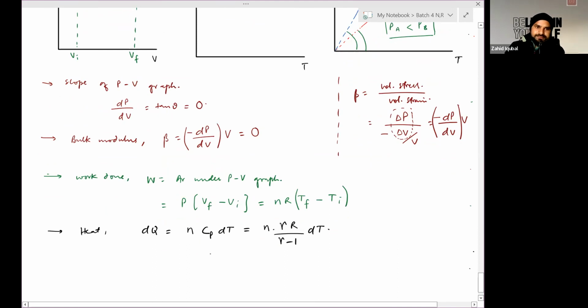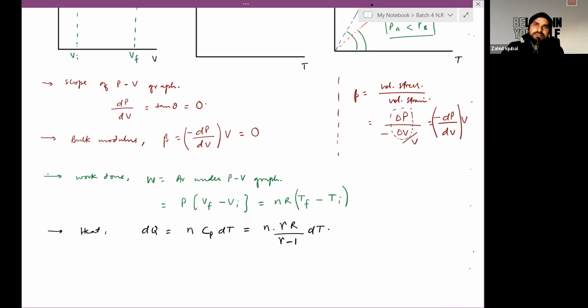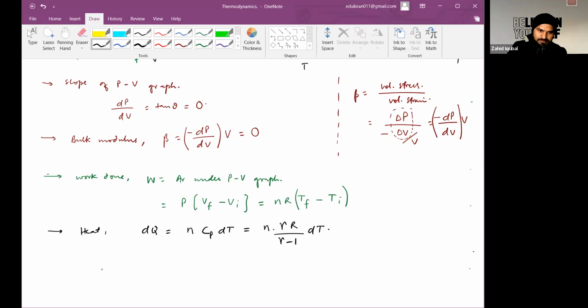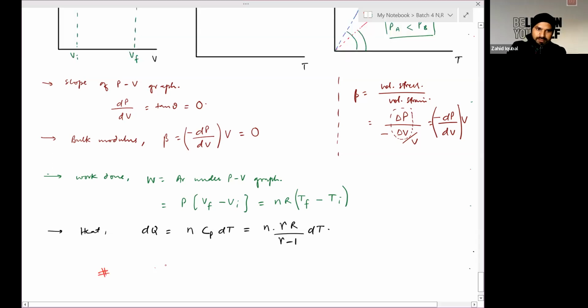So on equating dQ with work done, let me define a generalized relation: dQ equals gamma times dU, which also equals gamma divided by gamma minus 1 times work done. I will show you where I derived this particular formula in the next process. Okay.